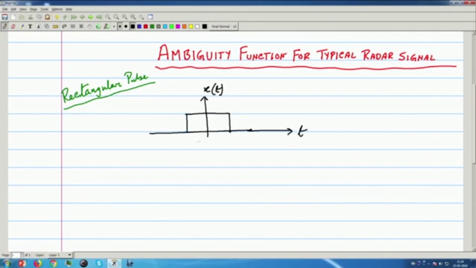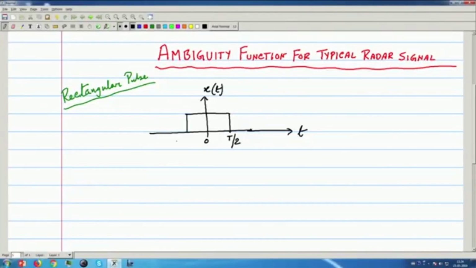I am assuming that the on time of the pulse is capital T, because we generally say the on time as tau, but here we cannot do that, because we have already introduced tau for delay. So, let me take capital T. If this is 0, this will be T by 2, this will be minus T by 2, and let us take the amplitude A. Okay, so this is the waveform.